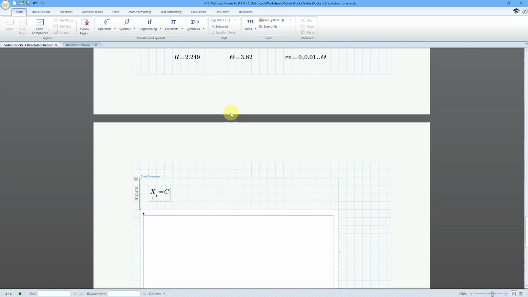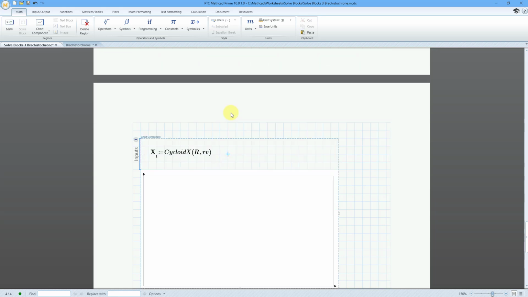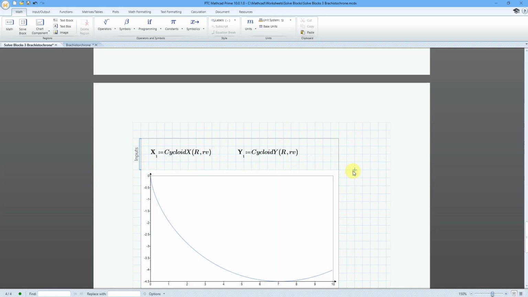X is equal to cycloid x. And I'm going to send those two variables, r for the radius and then rv for the range variable. Okay, let me move over to the side and let's do our y-axis expression. I will hold down the right mouse button, insert y-axis expression, and I'll use my function cycloid y and then send the same two inputs, r, rv, and then click on the outside.